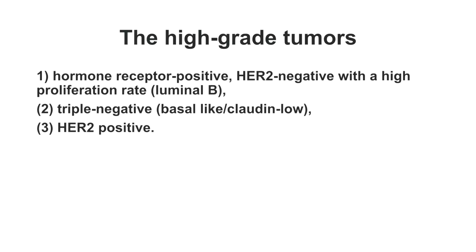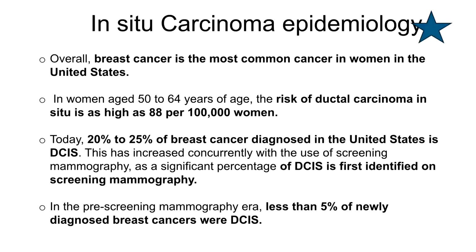These are classifications of high-grade tumors, or they can be HER2 positive. Why do pathologists do this? Because high-grade tumors have different prognosis depending on the receptors that we find, if they're positive or they're negative.